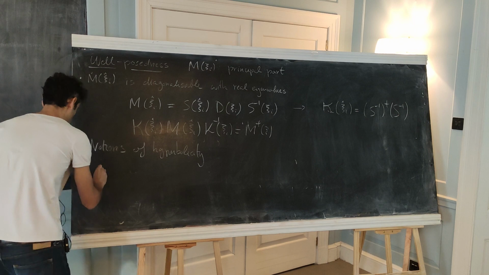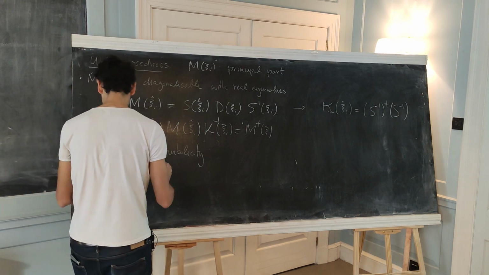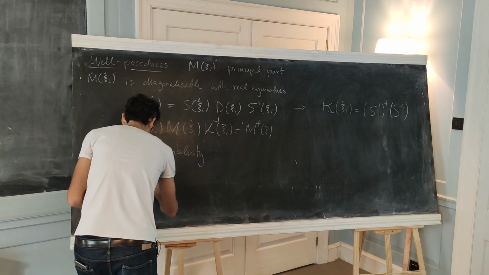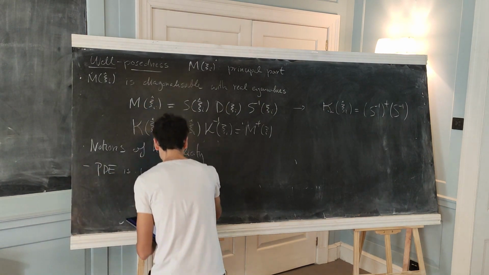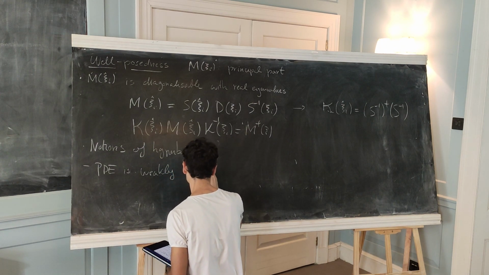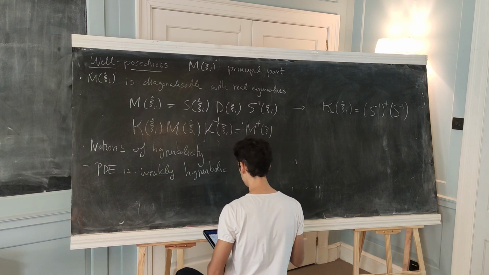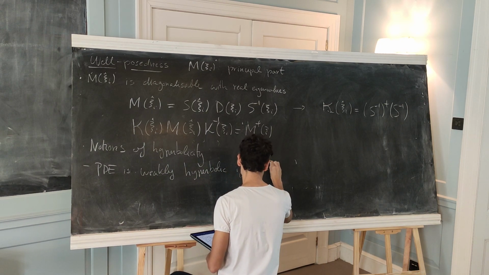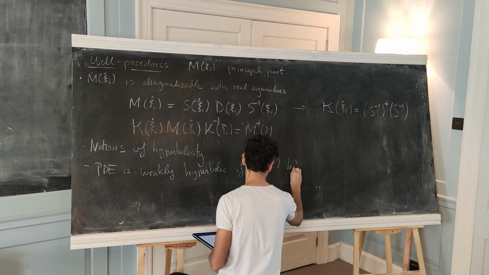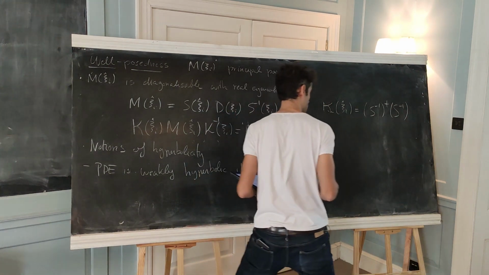So we say that PD is weakly hyperbolic if M has only real eigenvalues.